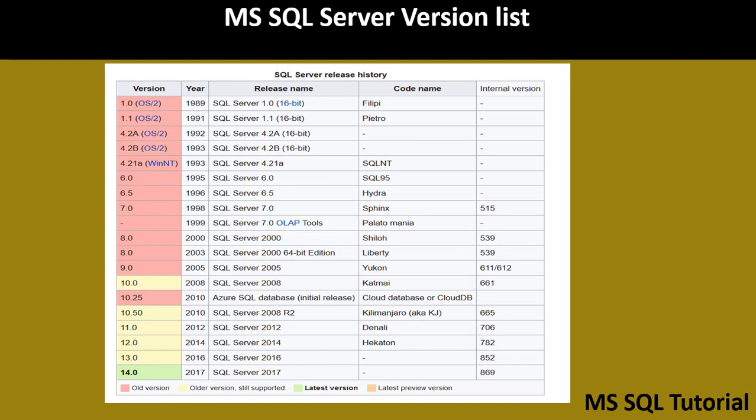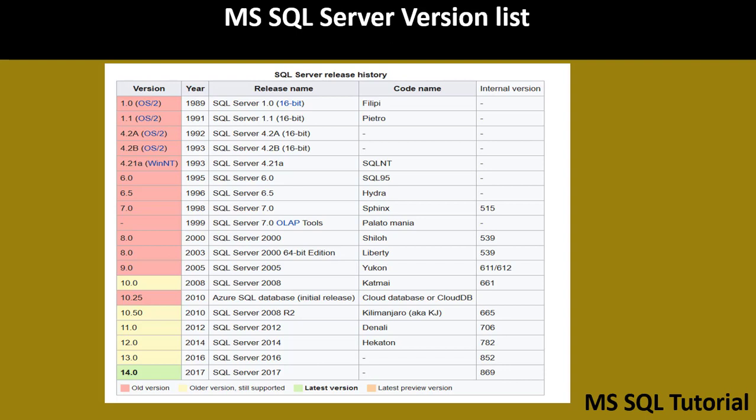Next, we will check out the Microsoft SQL Server version list. If you see on my screen, there are different versions of Microsoft SQL Server in the release history. The first version started with 1.0 in 1999.